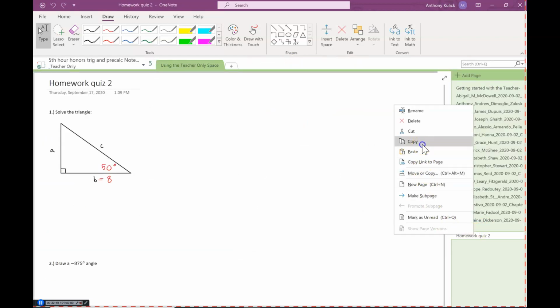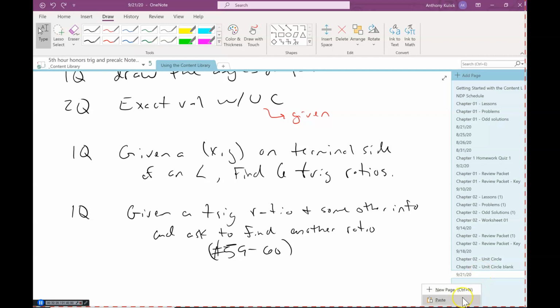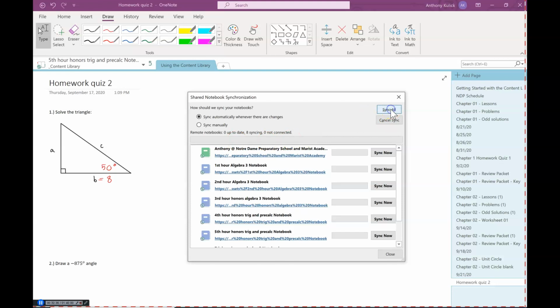So, while I'm gone, I have just placed the homework quiz into the content library. If I resync my computer right now, and you give it 30 seconds or something and then you sync yours, you should see that populate in the content library. You'll copy and paste that out of the content library into your own notebook.